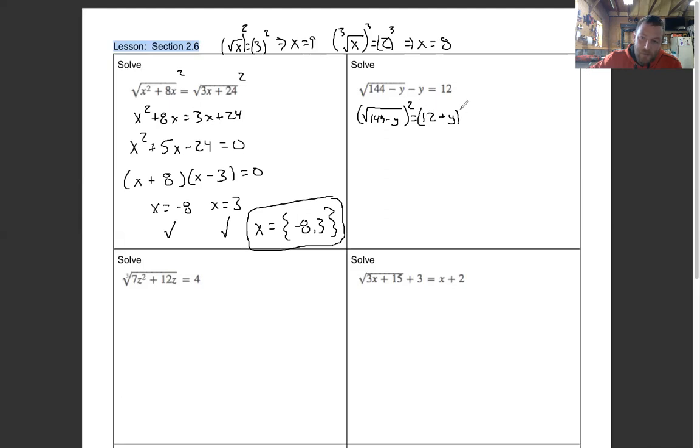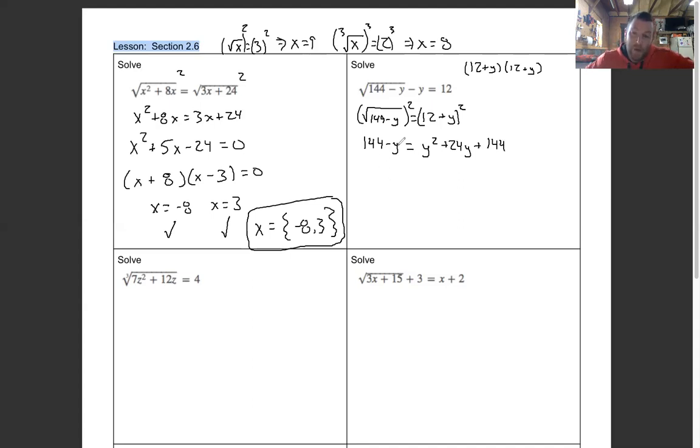Square, square. So on the left, it's 144 minus y. On the right, remember, this is not just y squared and 12 squared. I have to do 12 plus y times 12 plus y, and then FOIL that. I'm going to write in order. So this would be y squared, 12y, another 12y would be 24y, and then 12 times 12 is 144.